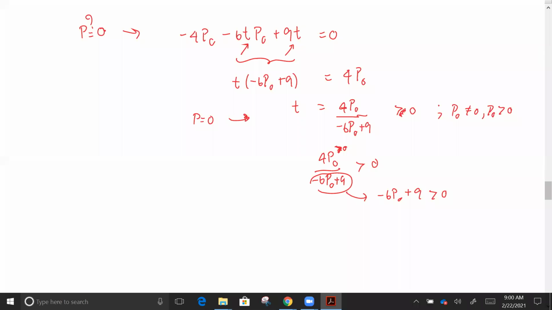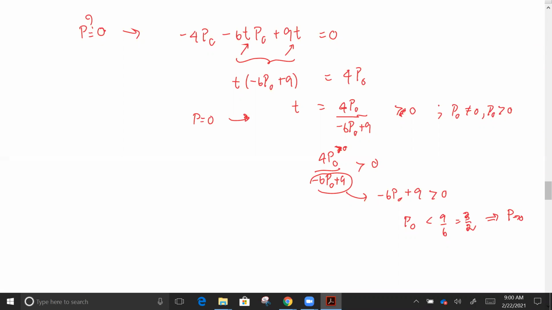So for the case that we can find the point of time, p subscript 0 has to be less than 9 over 6, or less than 3 over 2. So the initial population has to be below 3 over 2. And eventually the population will approach 0.